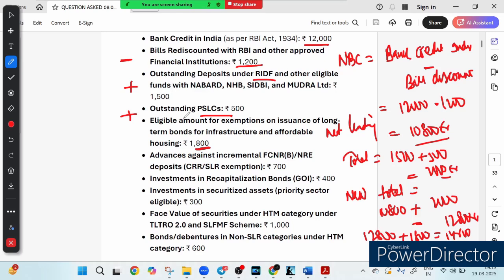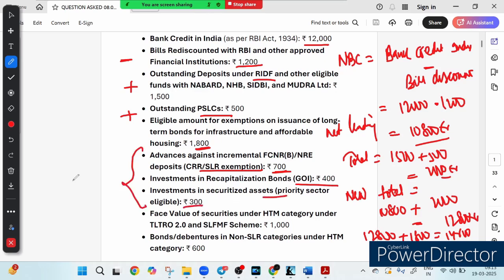Then the next point is to subtract exemptions and investments. You can see advance against incremental FCNR and RD deposit. These are the kinds of exemptions given. It is 700 crore. And investment in recapitalization bonds is 400 crore, and investment in securitized assets is 300 crore.